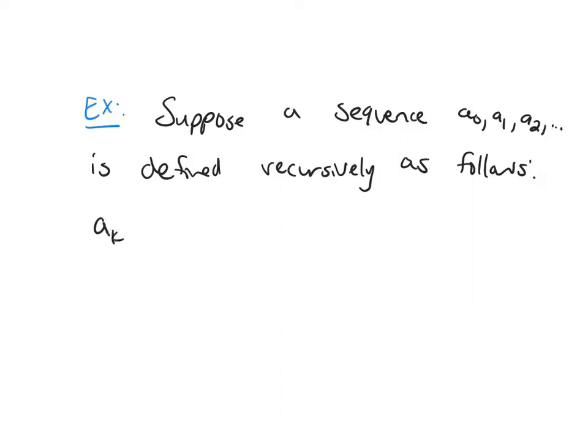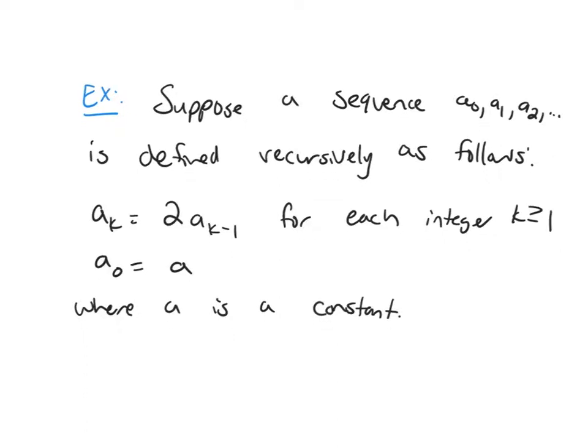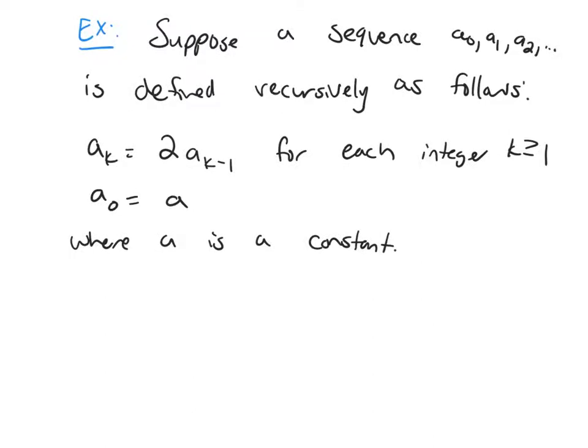A_k will be 2 times A_(k-1) for each integer k greater than or equal to 1. And my initial condition, A0, is A, where A is a constant. So it's some fixed number, you just don't know what it is.